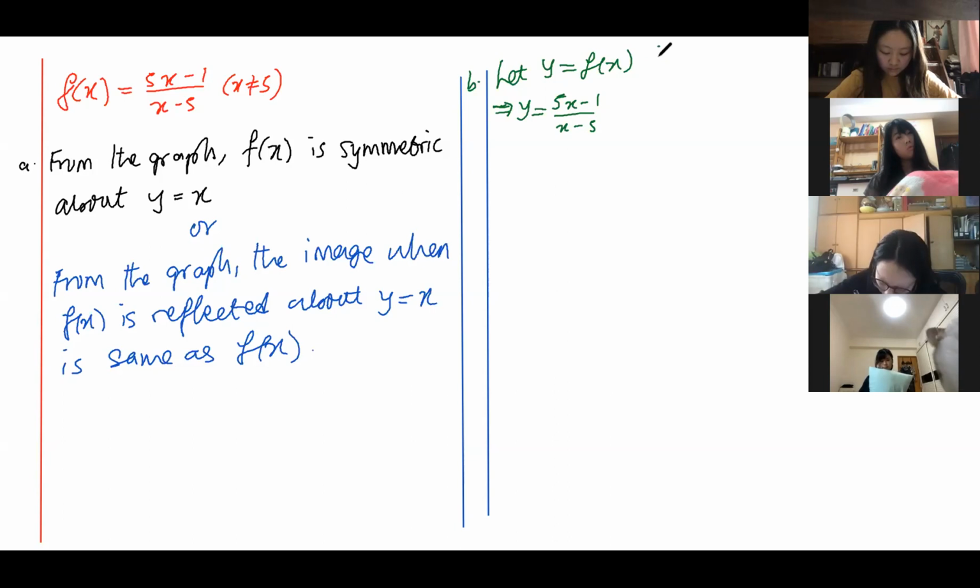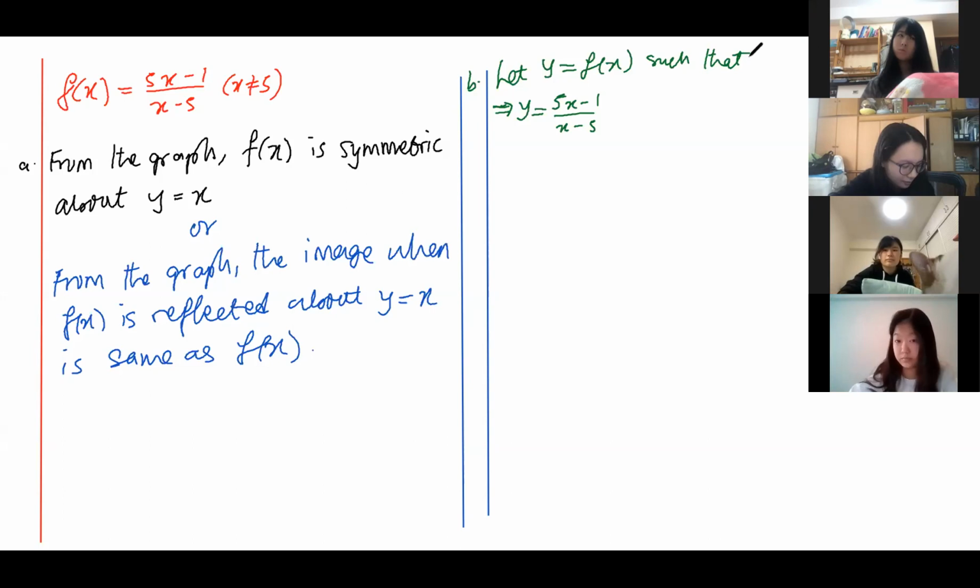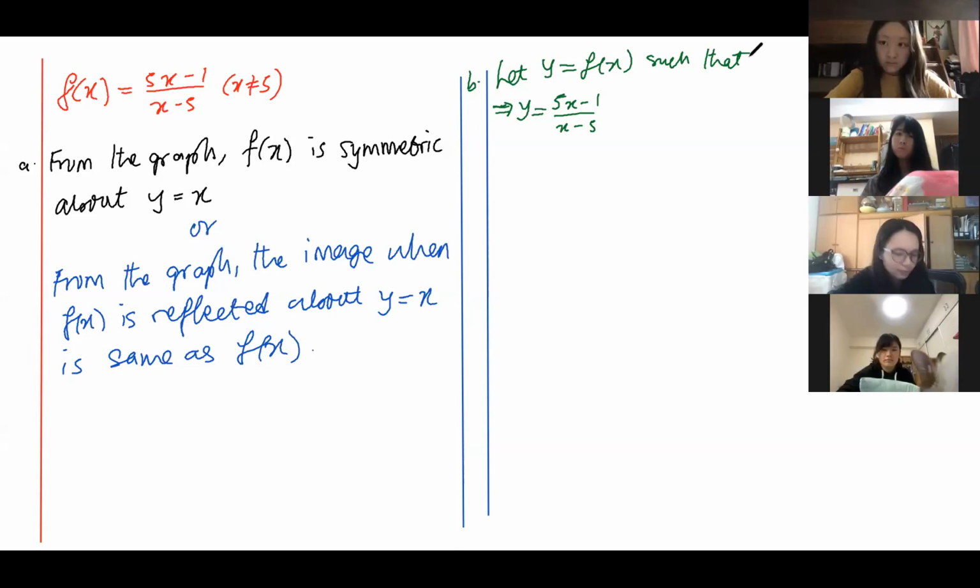By definition of a function, what does this mean? From our function definition, that means something. Crystal K, from here, what can you say? How can you relate them?